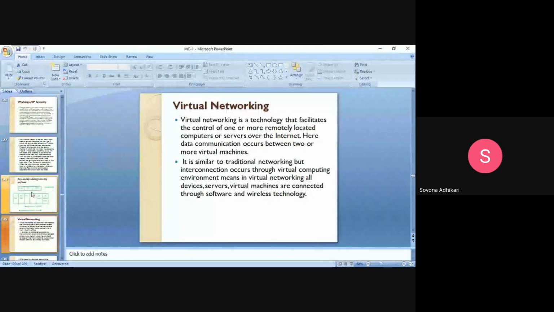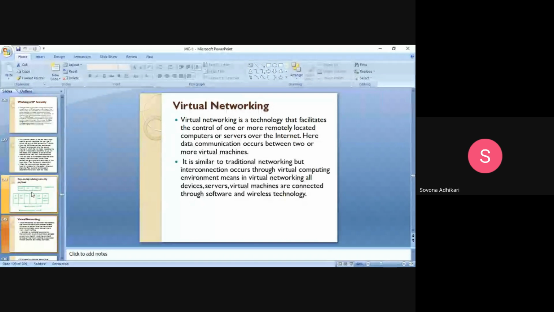But it seems that data is communicated between source and destination. It is similar to traditional networking, but interconnection occurs through a virtual computing environment, meaning in virtual networking, all devices, servers, and virtual machines are connected through software and wireless technology.